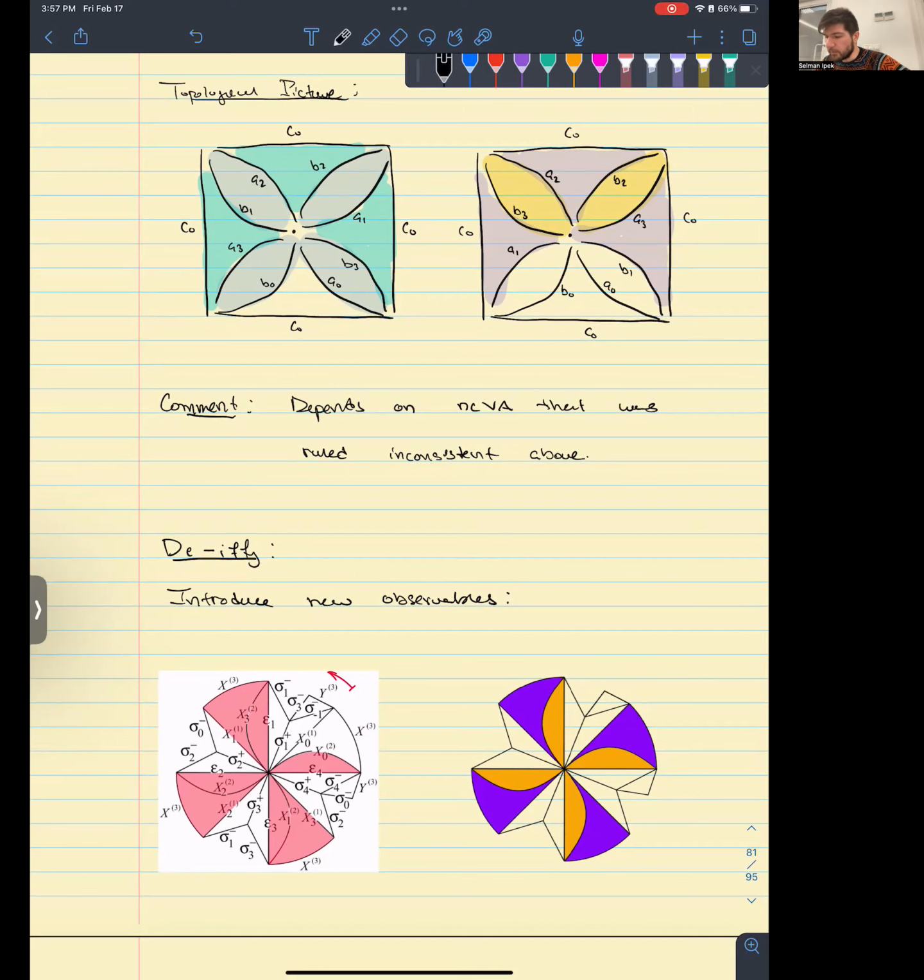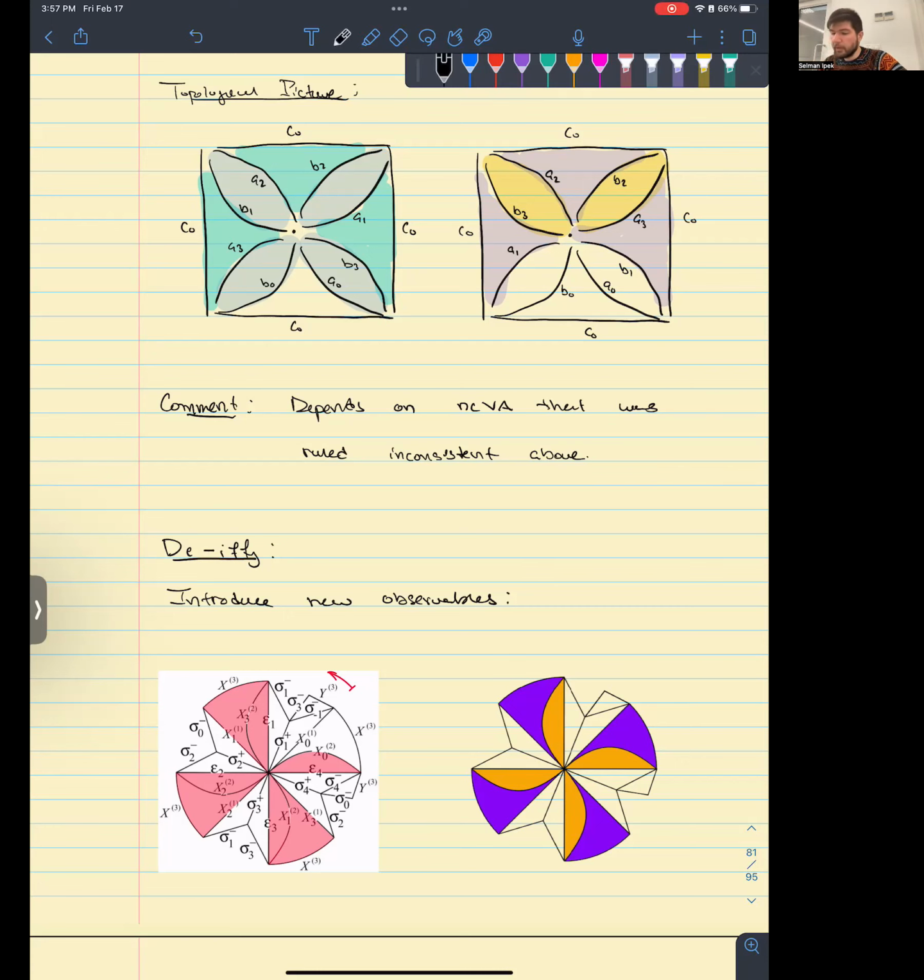And you can assign beta values like you did before, so you can do more or less the same sort of thing. The problem is that this whole thing hinges on there being a value for C1, that there's a non-contextual value assignment that you can assign in the first place. Remember, that's how you're splitting things up. But we just proved that there's no such non-contextual value assignment. So this topological picture is not really quite correct.